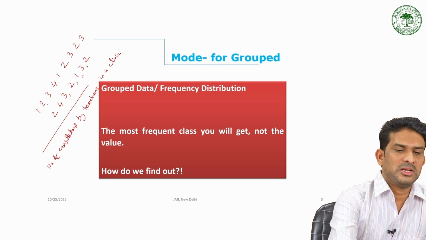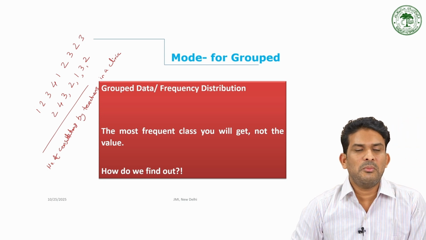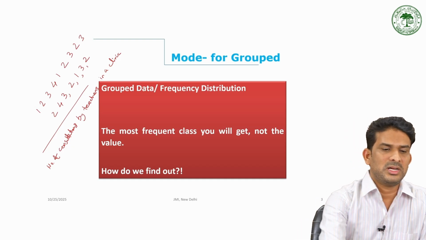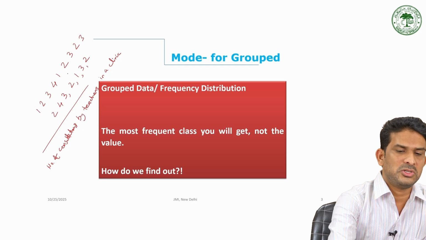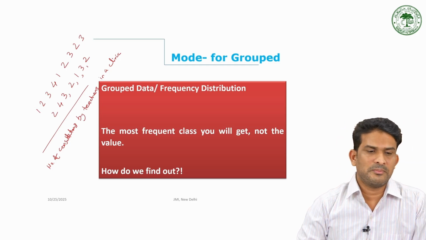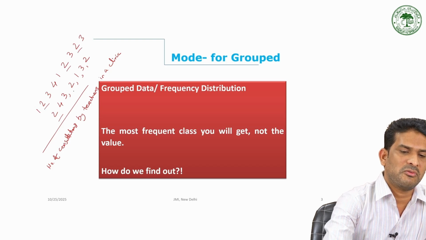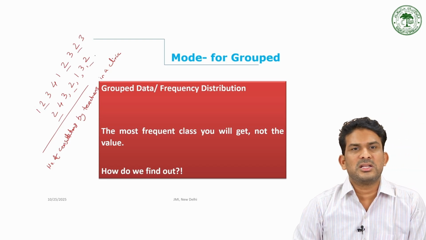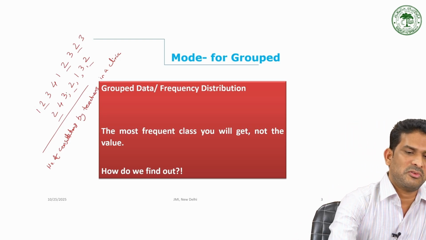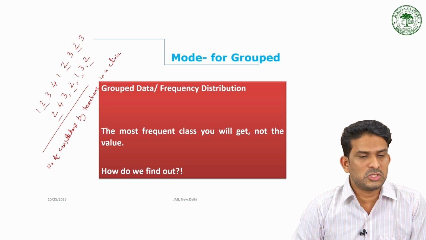So teacher number 1, 2, 3 and so on. How many teachers consulted once? 1, 2, 3 teachers consulted once only. What about 2? 1, 2, 3, 4, 5, 6 teachers consulted the clinic twice. 3 is 5 only. 4 is 2 only.